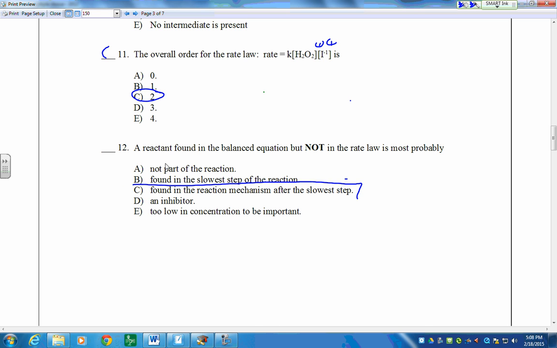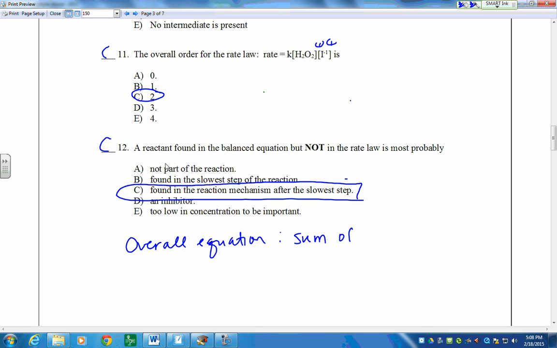A reactant found in the balanced equation and not in the rate law is most probably found in the reaction mechanism after the slowest step. Now, this is kind of tough because I never really told you this, but remember, the overall equation comes from the sum of all the intermediate steps.